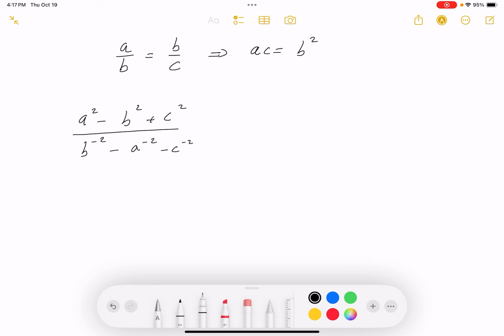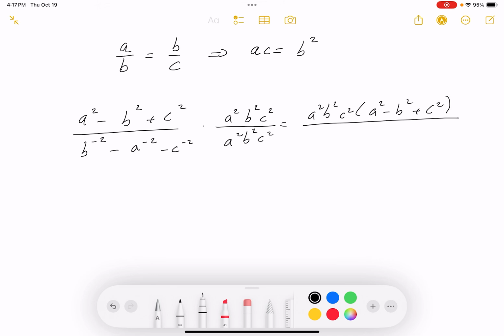So one thing I'm going to do over here, I don't like the complex fractions, so I'm going to multiply top and bottom by A squared, B squared, C squared. And let's see what you get there. On top you get A squared, B squared, C squared times A squared minus B squared plus C squared.